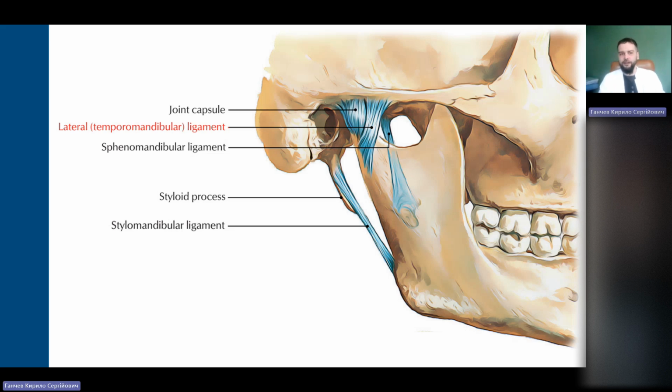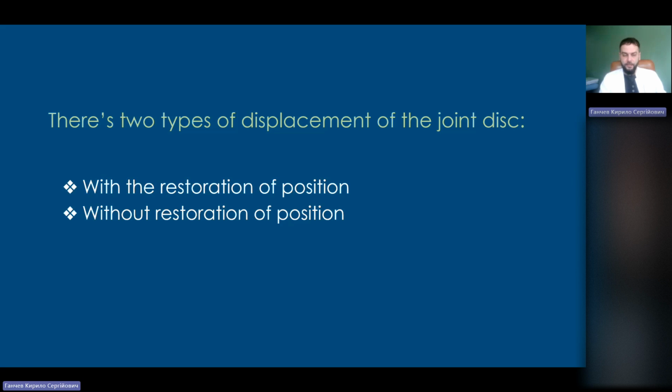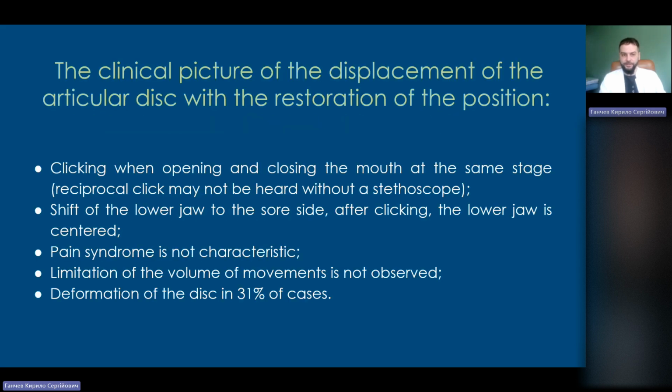You have to take into account, if you use that phraseology, all those particularities. Two types of displacement of the joint: with or without restoration of position. Clinical picture means manifestation of the displacement.